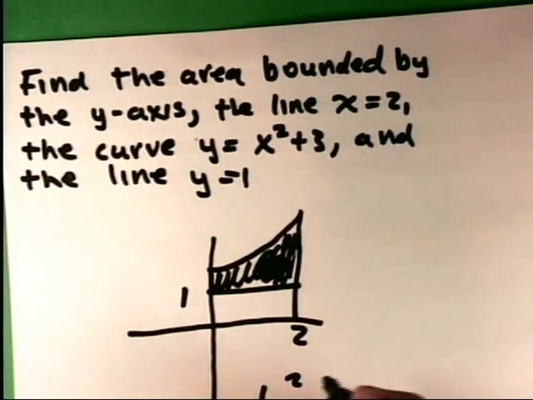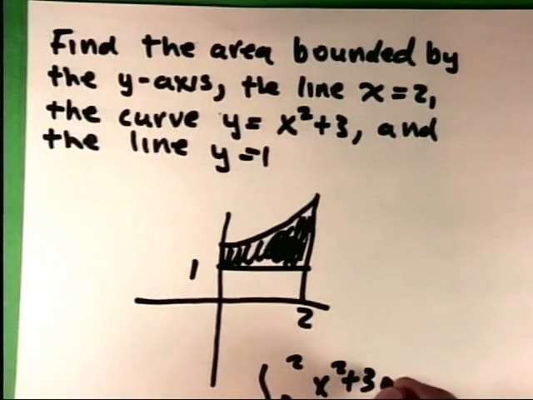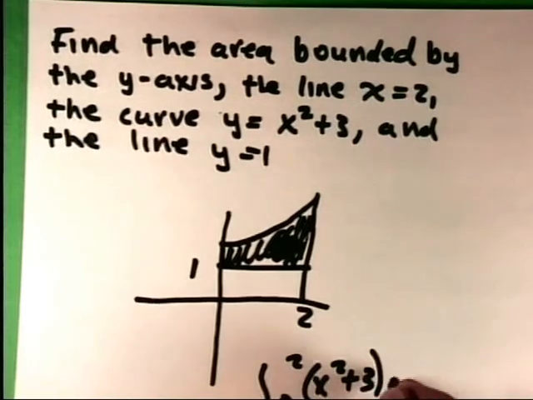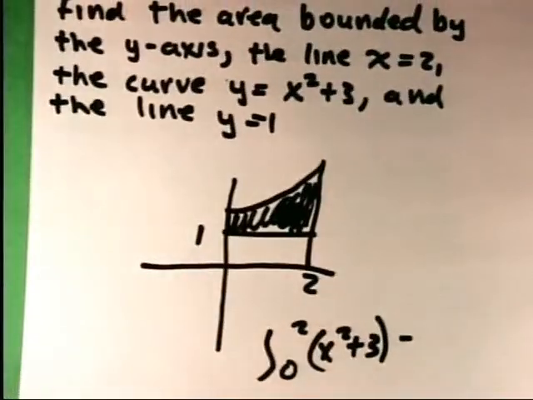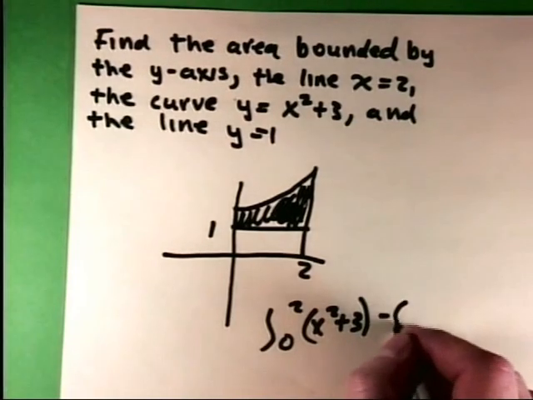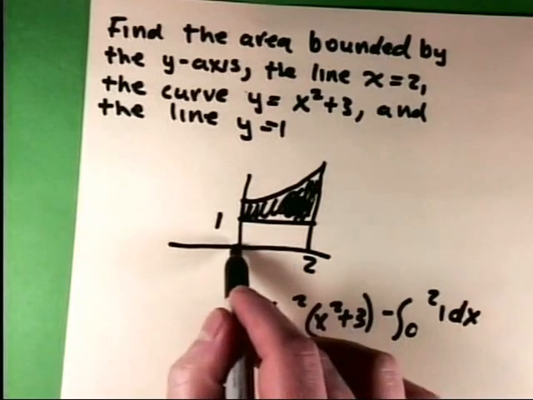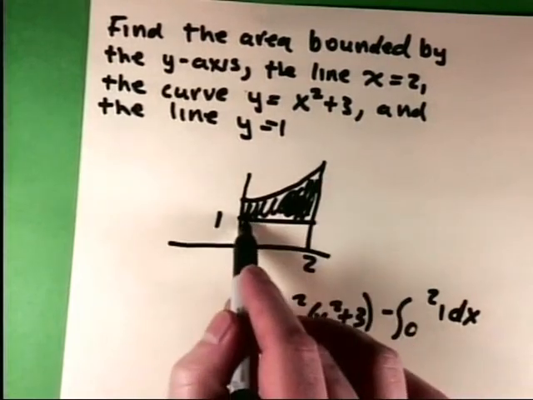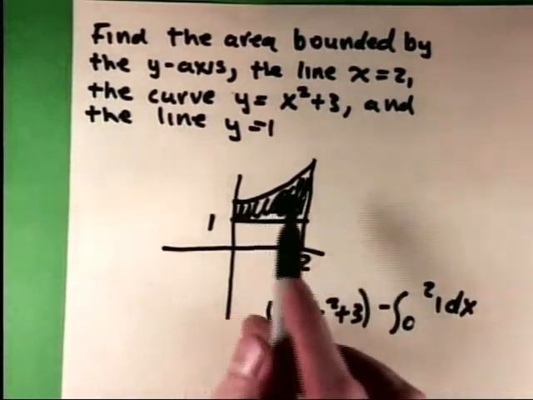So you're going to want to integrate x squared plus 3 between 0 and 2, and you're going to subtract the integral from 0 to 2 of 1 dx. Right, exactly. You're going to take the area of this whole thing, subtract the area underneath here, and what you're going to get is just the area in between here.